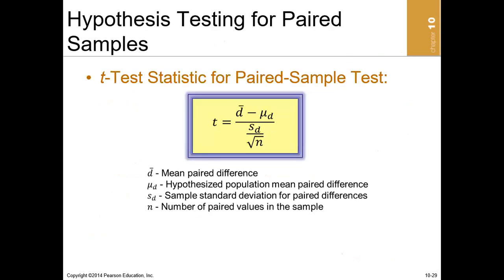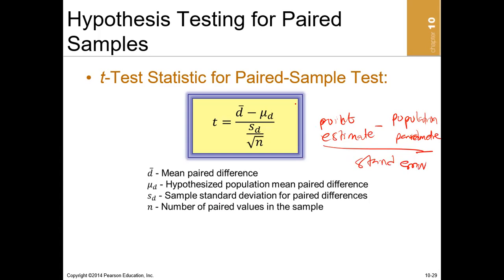Now, if you want to compute the T yourself, because when it comes to hypothesis testing, we will need a computed T and then the critical T. So for the purpose of hypothesis testing, we want to compute the T for paired samples. Any computed T, as you already know, is what? The point estimate minus the population parameter, divided by the standard error.